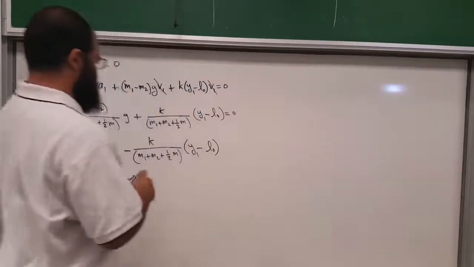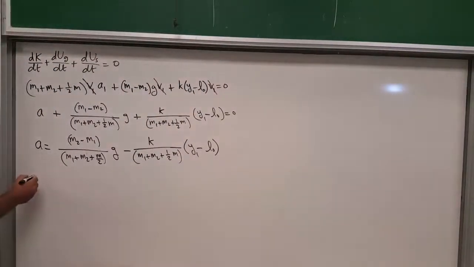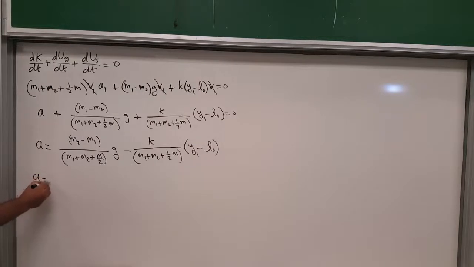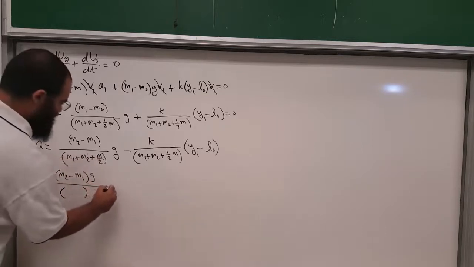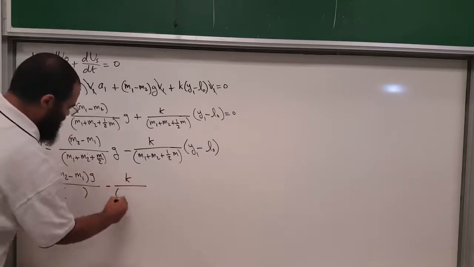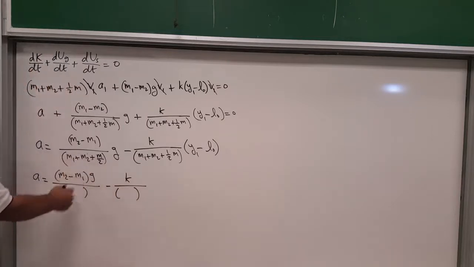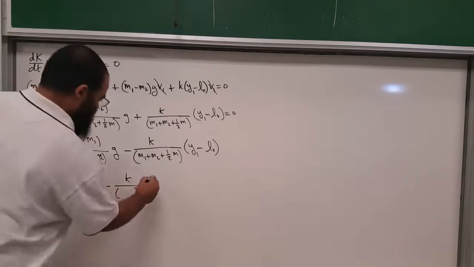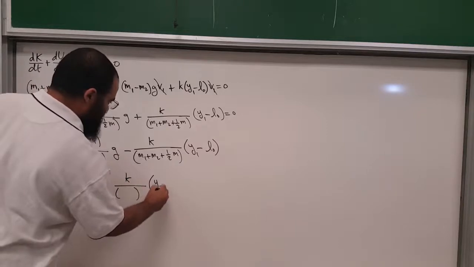So we get the acceleration will equal to m2 minus m1 g divided by, I would just write parentheses here for this whole thing. And then minus k over parentheses. Parentheses means all this stuff is inside. And then here I have y1 minus L0.